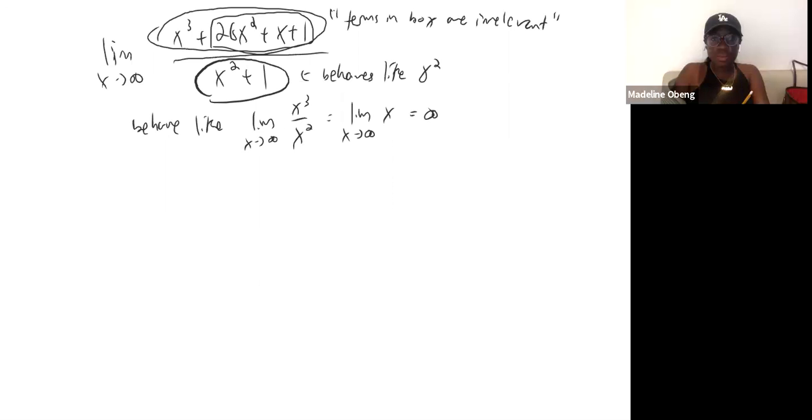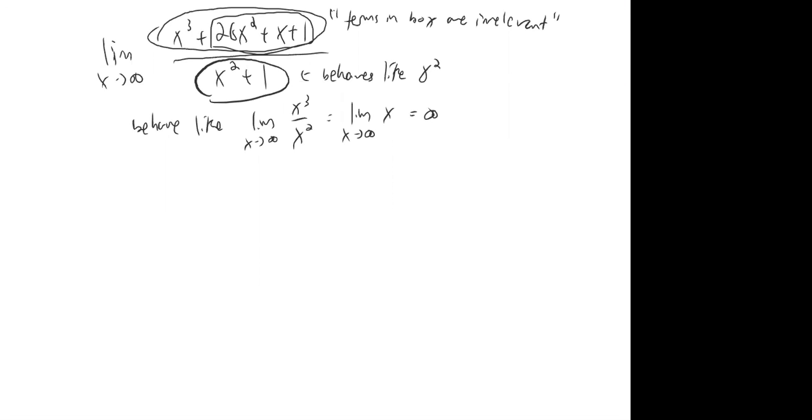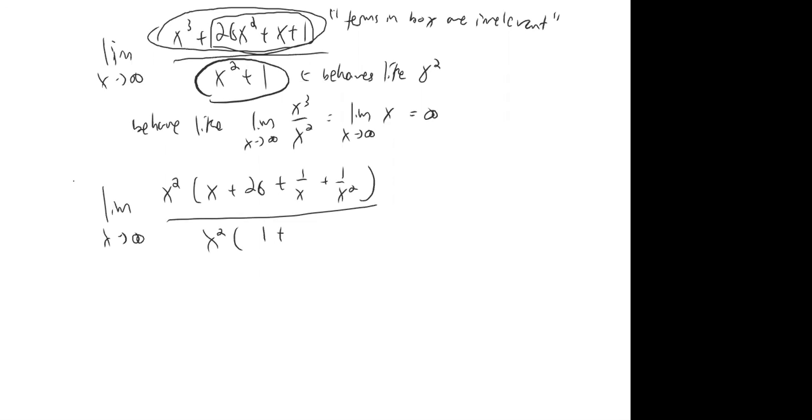So from here, let's actually do it mathematically. What I'm going to do is factor x squared out of the top and bottom. So x squared times (x plus 26 plus 1 over x plus 1 over x squared), over x squared times (1 plus 1 over x squared). These x squared factors cancel.